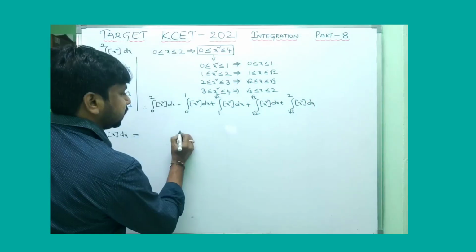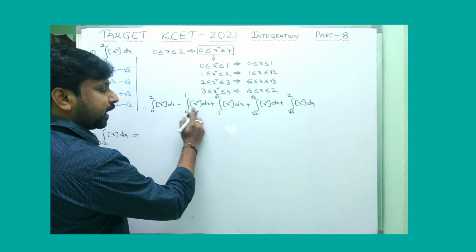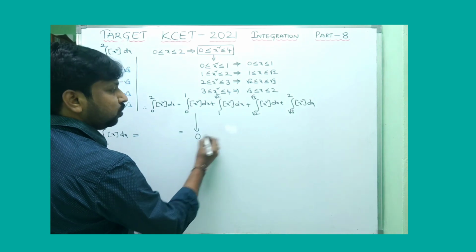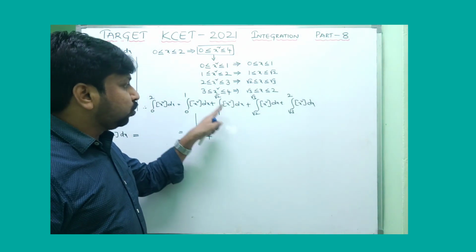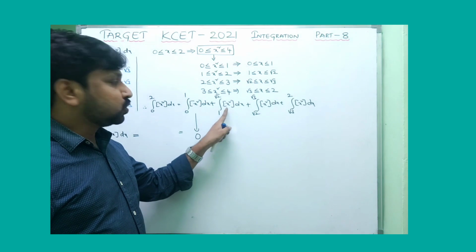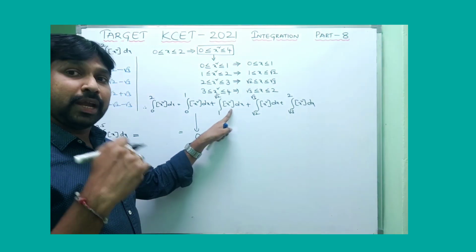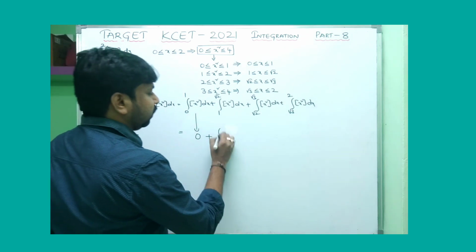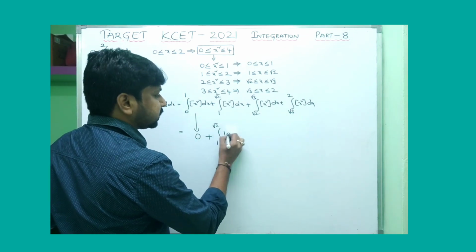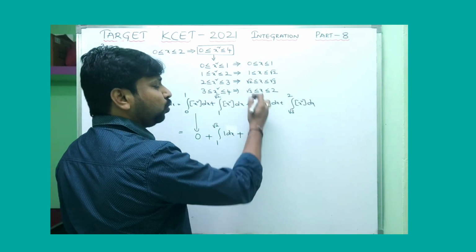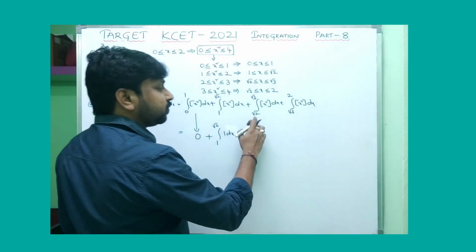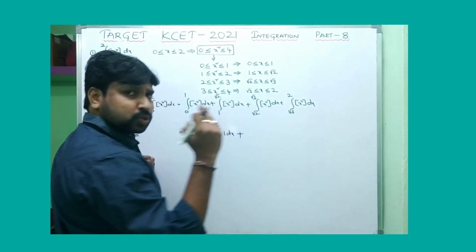This can be written as: between 0 and 1 the bracket x square result you already know is 0, plus between 1 and root 2 the bracket x square result is 1 only, so integral 1 to root 2 of 1 dx, plus for root 2 to root 3, if you substitute root 2, root 2 whole square gives 2.